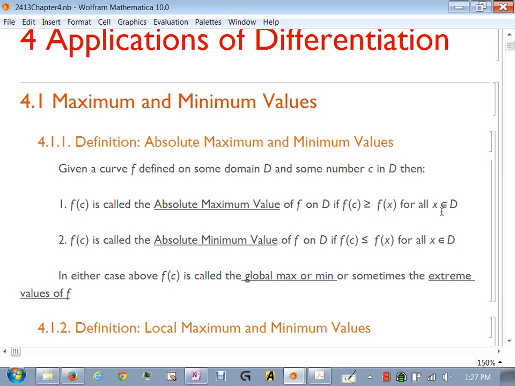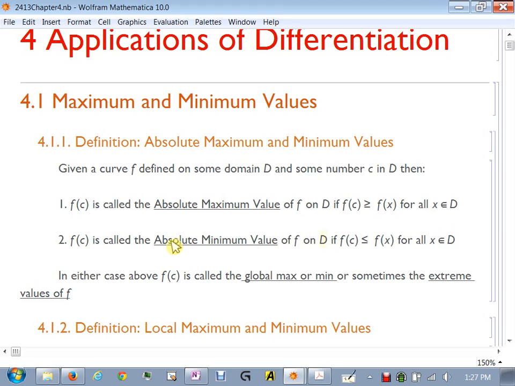What does that mean? It just means that at that point, you are at the highest point on the entire graph. That value, right, the value of your function there, is bigger than all other values of the function for all other x's that you could possibly come up with in the domain.